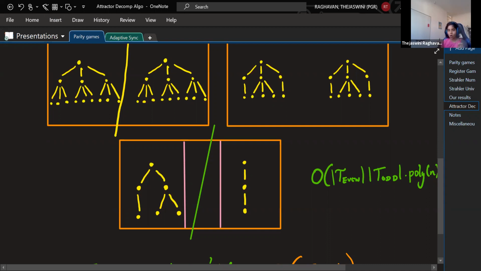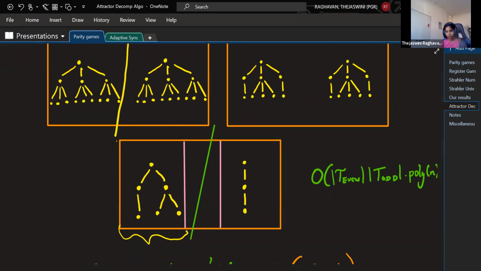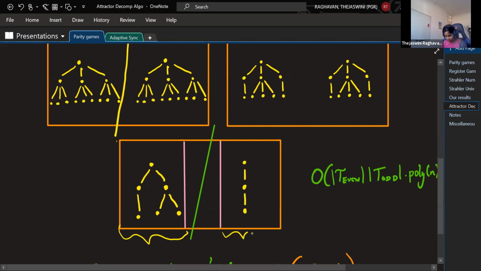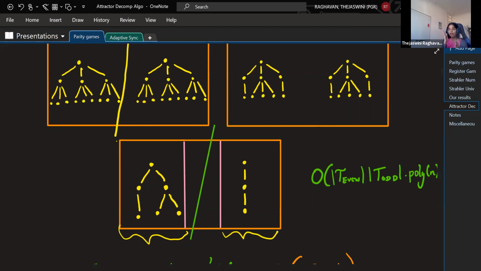And in fact, there is a stronger guarantee. If this box over here is, let's say, Steven's side, the set of all vertices that can be embedded into this input tree, and this is the set of all vertices that can be embedded into that tree, what this algorithm produces is some kind of a partition between these two winning sets.